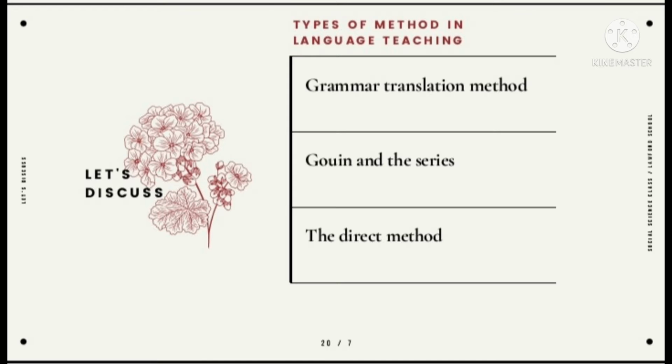All right, now we're moving on to the next method, the Gouin and the series method. As the name suggests, Gouin is the one who found this method. His full name was Francois Gouin, if I'm not mistaken.